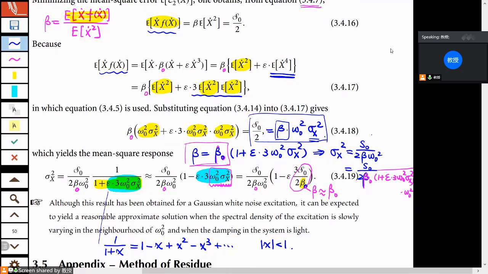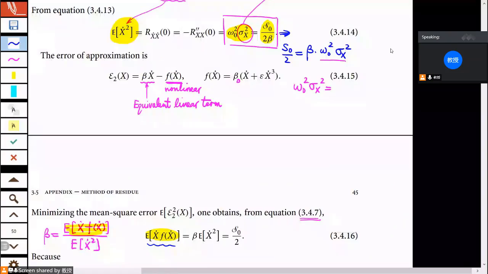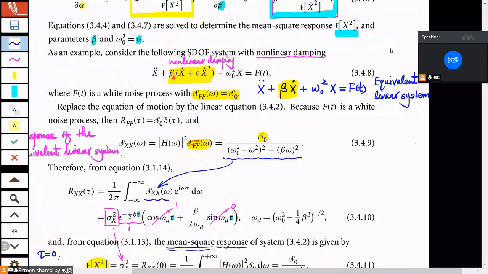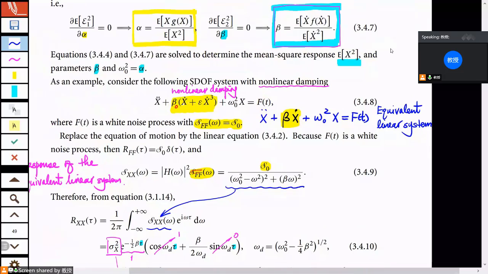The idea is the original equation is in terms of beta 0, and the equivalent linear damping is beta. It's better to distinguish these two terms.